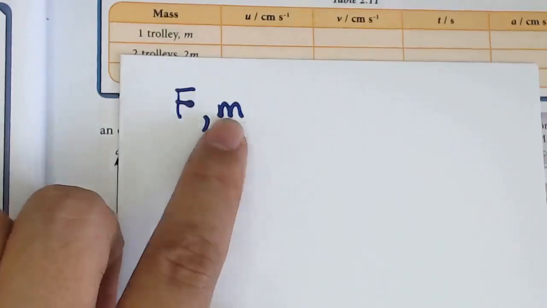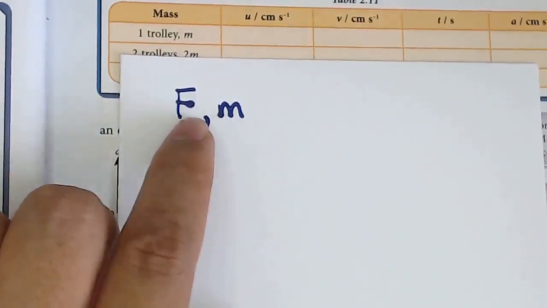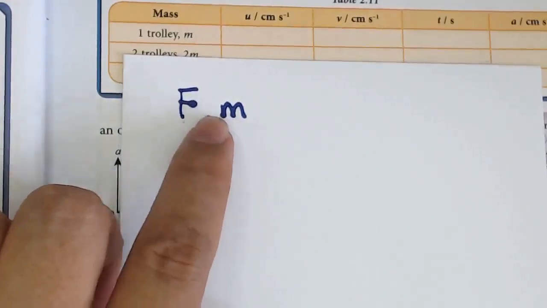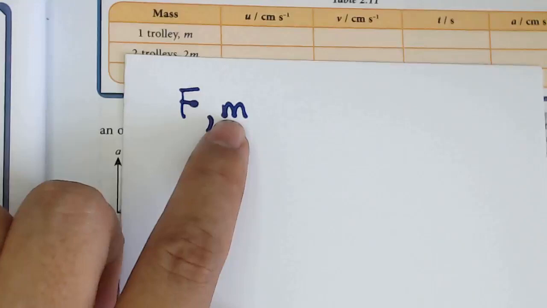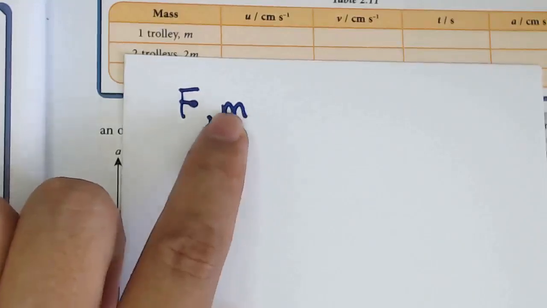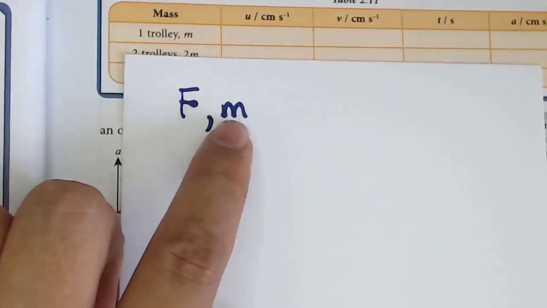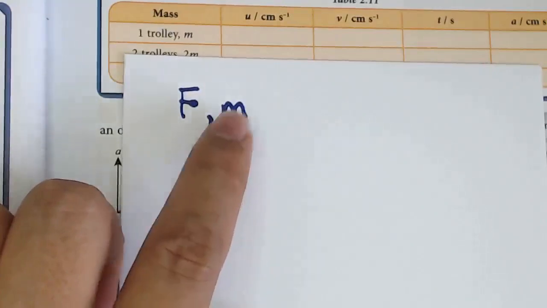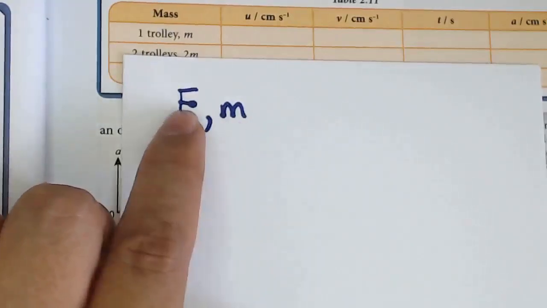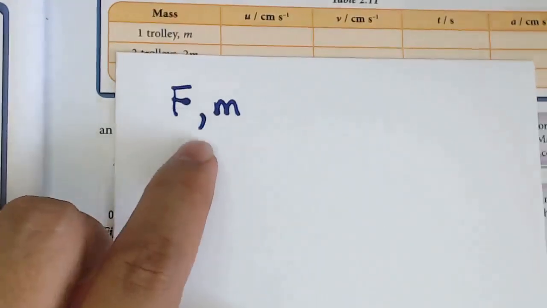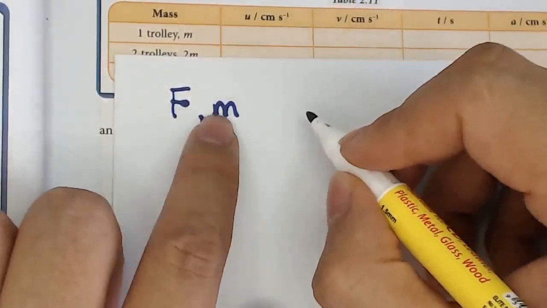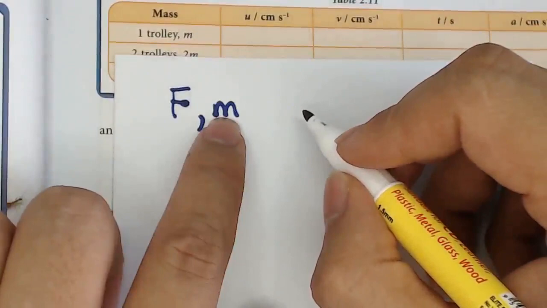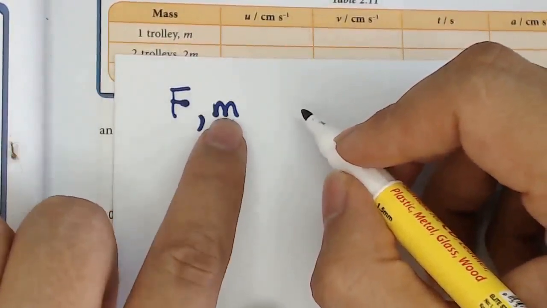Or vice versa, if we exert a bigger force or a small force on this object with different mass, what will it be? So does this mass affect the value of force? And then what will happen if there is a force exerted on the object, on the mass?